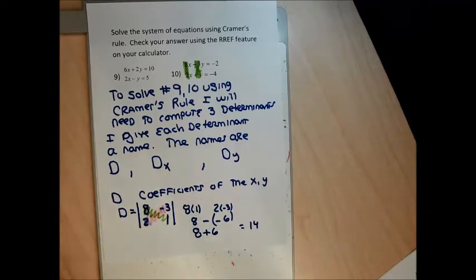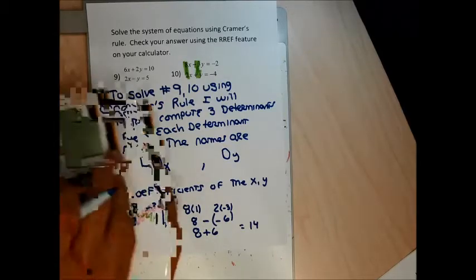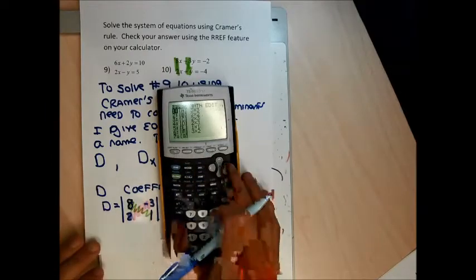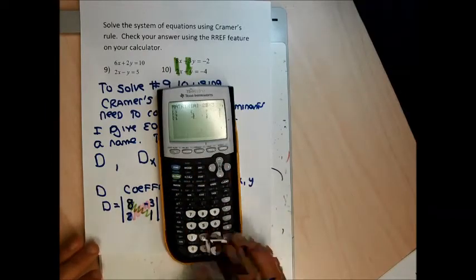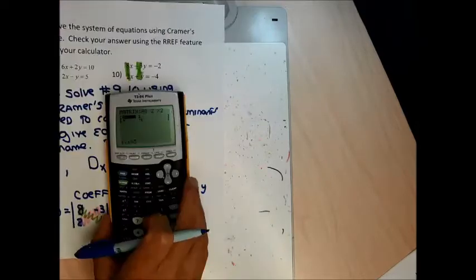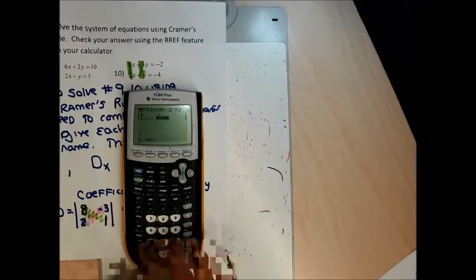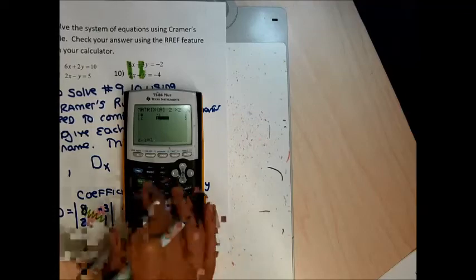Let me make sure I haven't messed up by entering this on my calculator as a 2 by 2 matrix. So second matrix, edit, 2 by 2, and then 8, -3, 2, and 1. Second quit.